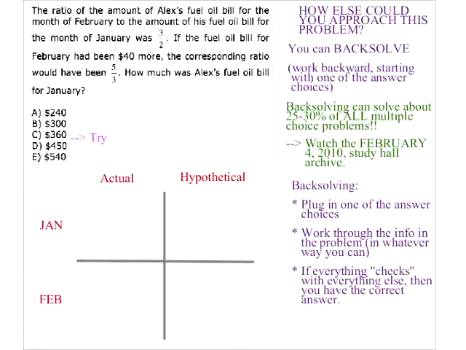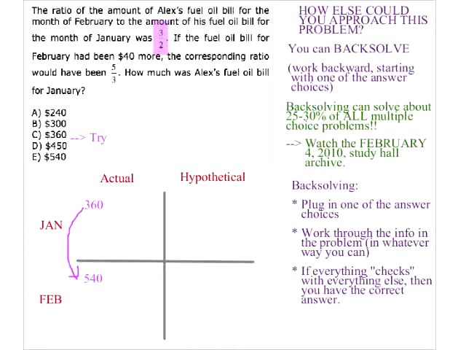So if we try 360 for January, then we have this ratio of 3 to 2. So that means that February is 3/2 of 360. 3/2 of 360 is 540.